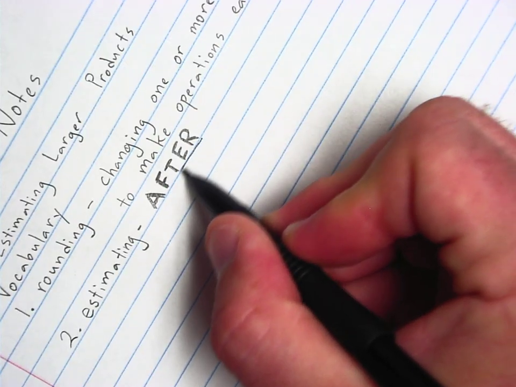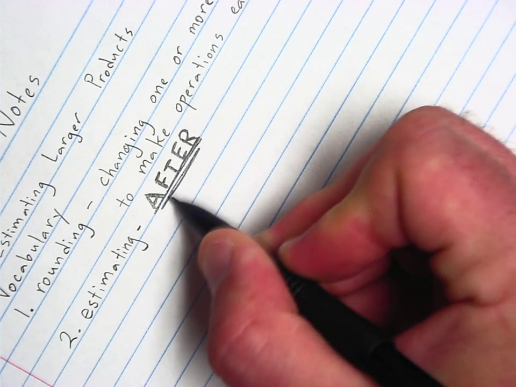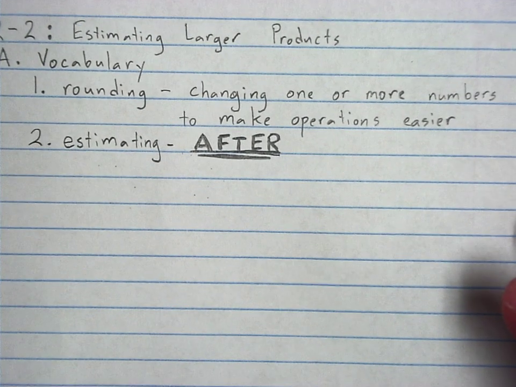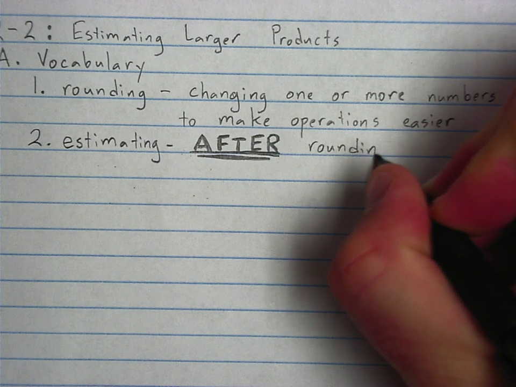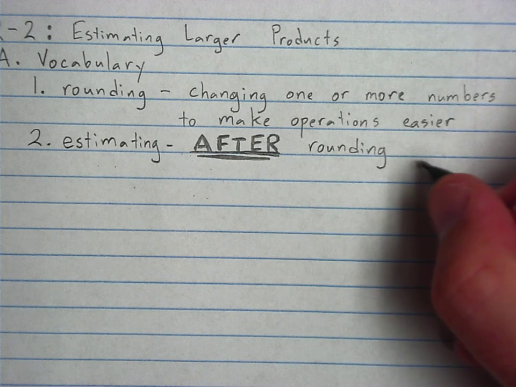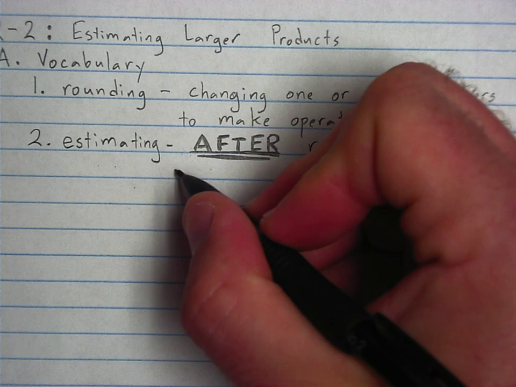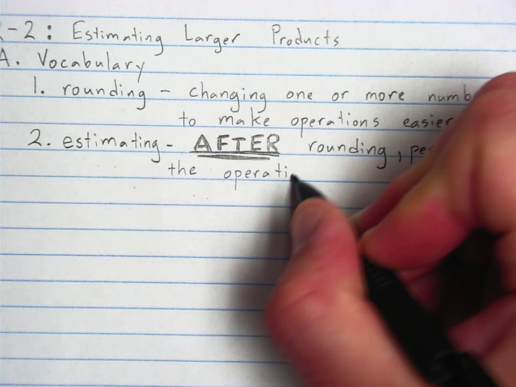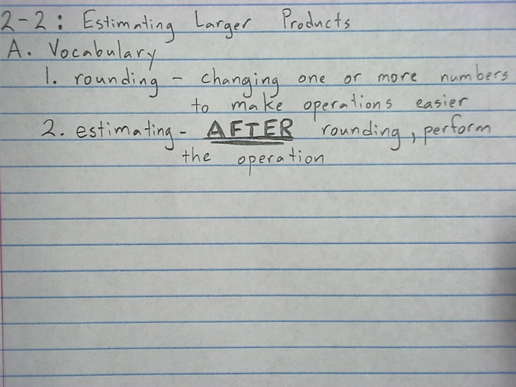After. Let's underline it. I wish I could circle it. I wish I could highlight it. I wish I could draw little pictures. After you round. After rounding, perform the operation. Remember, the whole point of rounding was to make the operation easier. So you want to wait and do it after you've rounded.